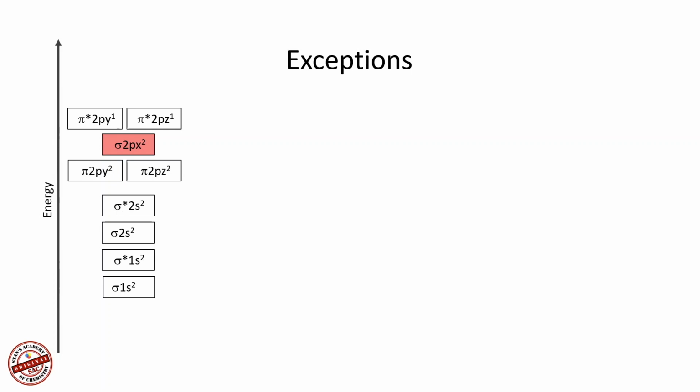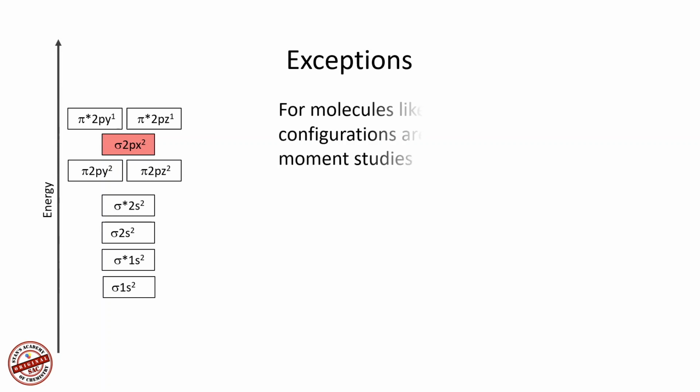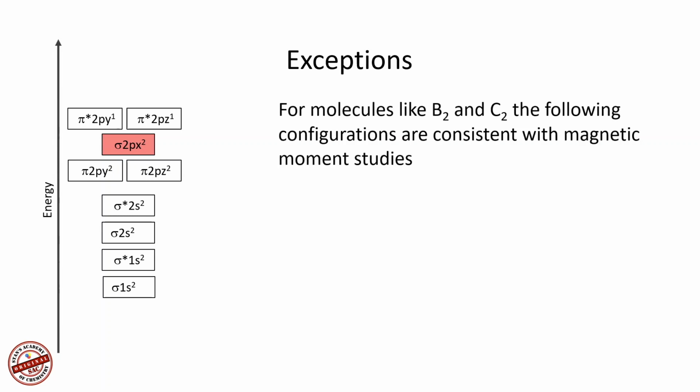Now, there are certain exceptions. It is a good idea to familiarize yourself with them. For molecules like B2 and C2, the following configurations are consistent with the magnetic moment studies. Like I said earlier, theories are useful only if they explain a particular observation.